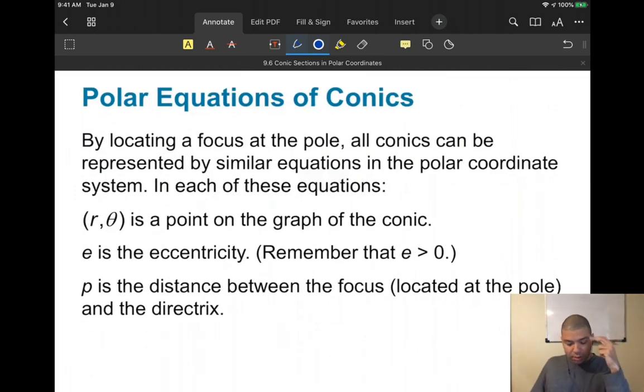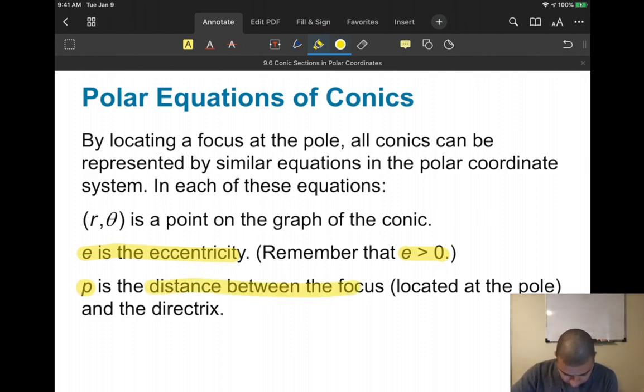Next thing is how to put this together to find the polar equation of those conics. So first you have to know another important quantity. The eccentricity is E. Remember again that E is positive in that case, even though I gave you a hint on E equal to 0, what happens, and I didn't tell how to calculate it when it's a circle. And P is going to be the distance between the focus and the directrix.